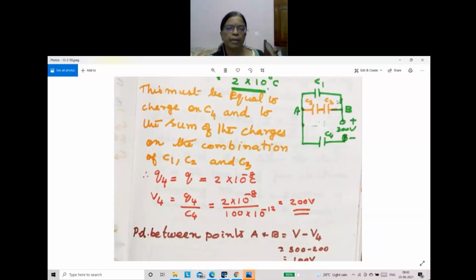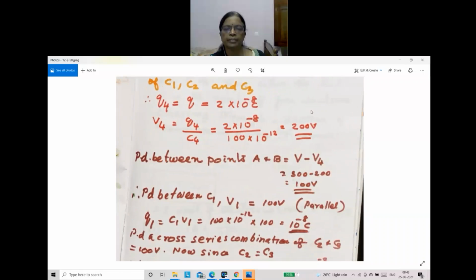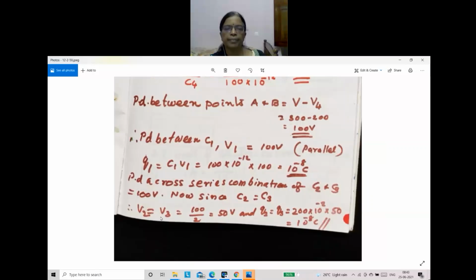If the capacitances are different, we have to take a different formula like this. But as they are equal, they are divided equally. We can take V2 equal to V3, 100 by 2 equal to 50. Therefore, you can calculate their charges: Q2 equal to Q3 equal to capacitance into voltage.